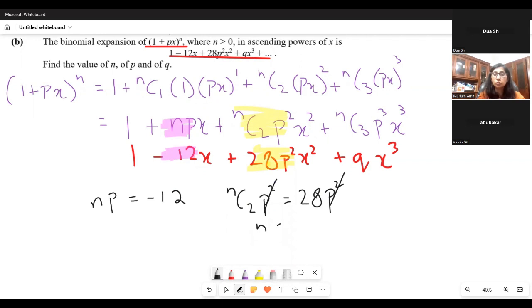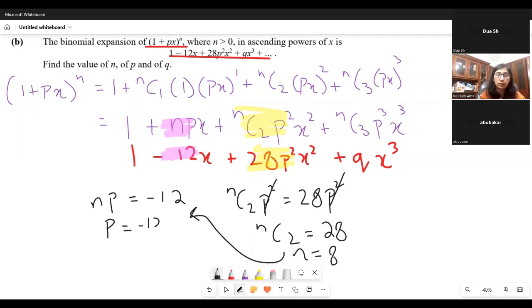What nc2 is equal to 28? You can do this through hit and trial. n is equal to 8. So when n is equal to 8, let's substitute it here. Then p would be minus 12 upon 8, which is minus 3 upon 2.